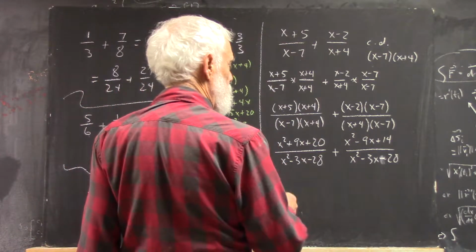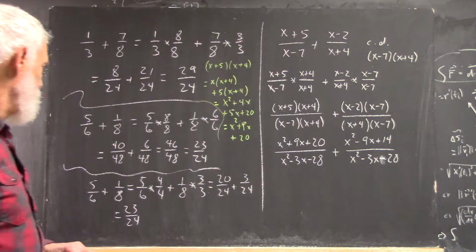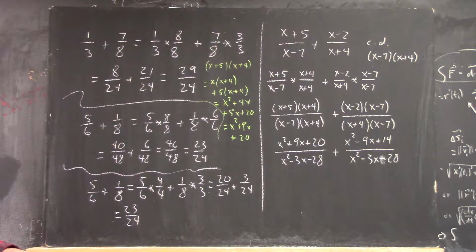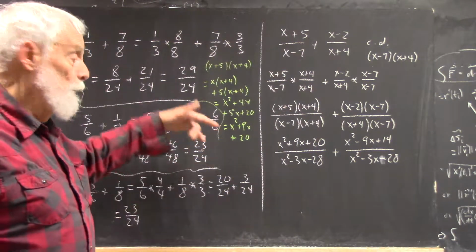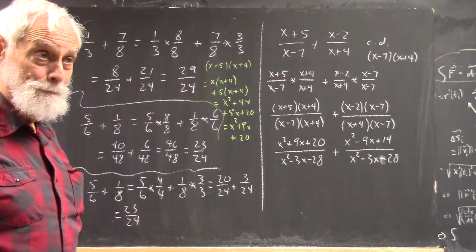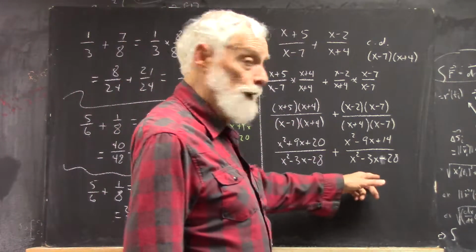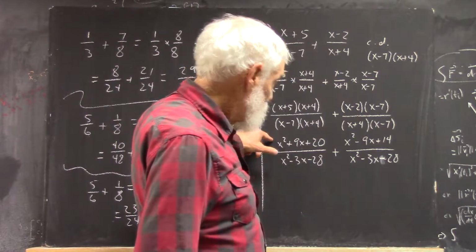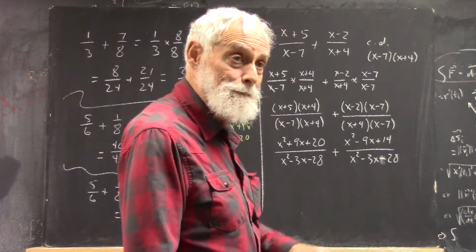And that equals what? Well, just like if you have 20 24ths and 3 24ths, you end up with 23 24ths, right? These are the same kind of thing. They have the same denominator. So you're going to just say you got this many plus this many of these things.